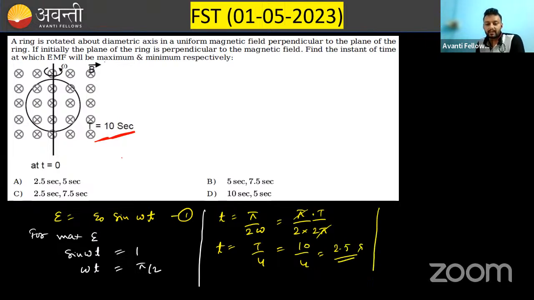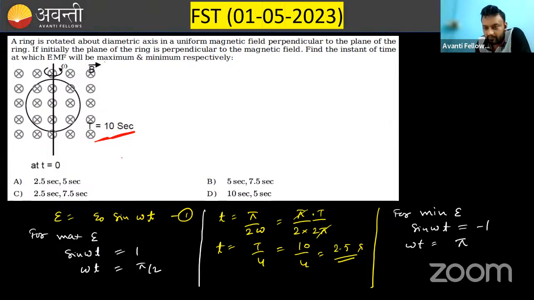The next is when it will be minimum. For minimum EMF, sine omega t should be -1. And sine omega t is -1 means omega t should be 180 degrees, that is pi. So t is equal to pi by omega, that is pi by 2 pi by T. Pi and pi cancel, so T by 2 is nothing but 5 seconds.